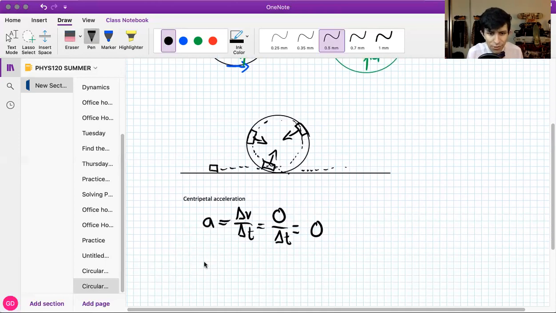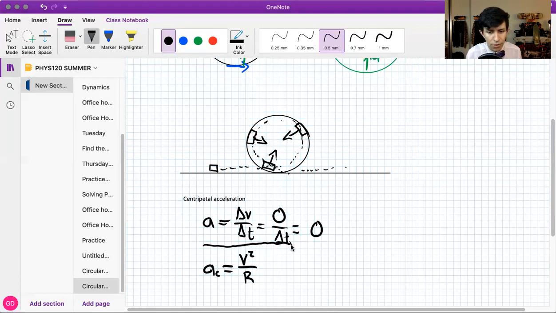The way to define centripetal acceleration, I'm going to put a C for centripetal, is as follows. The speed squared over the radius, R. I'm going to put capital R just to avoid any confusion, because sometimes I write my R's like B's. So write this equation down, you guys.